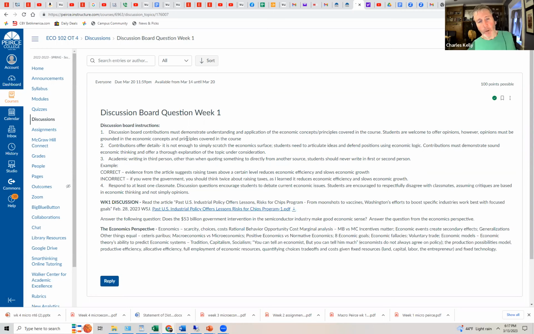Second, don't just introduce a topic, discuss ideas in detail. Next idea, all academic writing should be in third person. It gives you an example here of the difference between first and second person and third person. So even though you're writing your opinion, it should be in third person. And then please respond to at least one of your classmates.